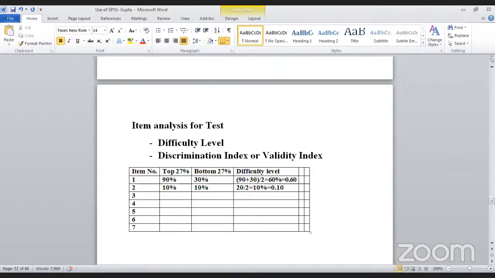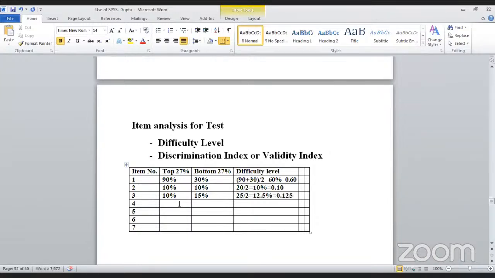Here, 10% from the top attempted it correctly. And from the bottom, let us say 15% attempted correctly. So that means it is 25. So it is 25 divided by 2, which is equal to 12.5%. And that means it will be 0.125.